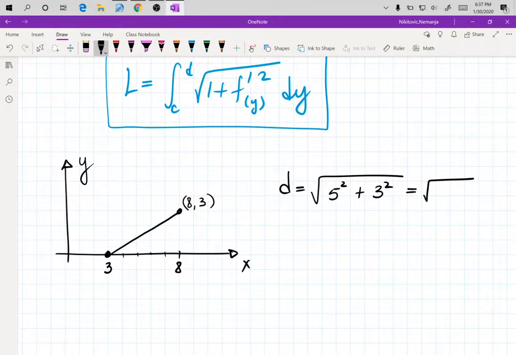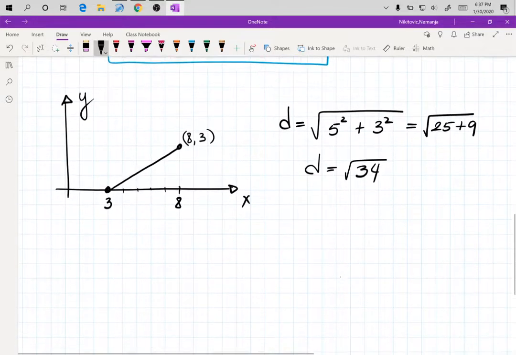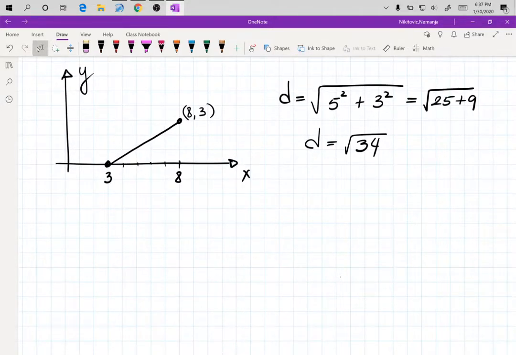So square root of 25 plus 9, d equals square root of 34. 34 is 2 times 17. We cannot simplify this. All right. Now, why simple if we can just crank the integral, right?